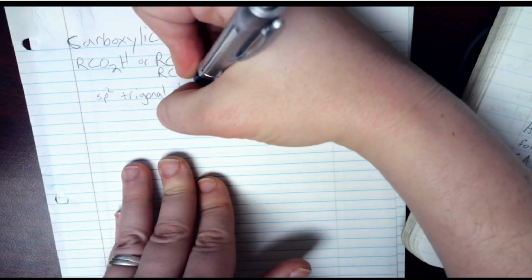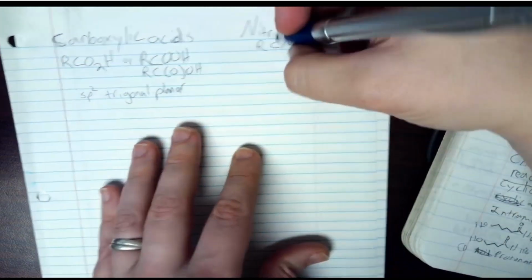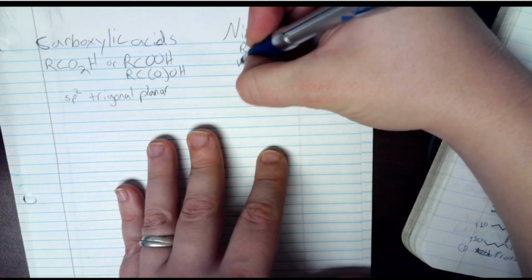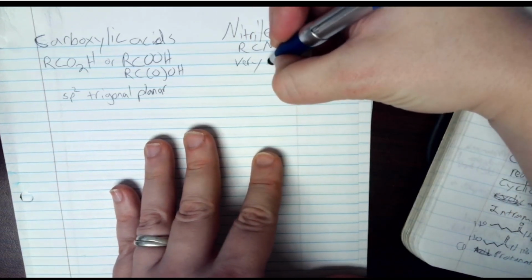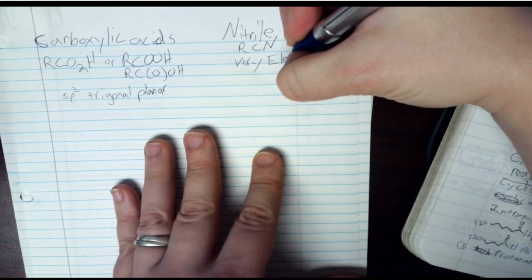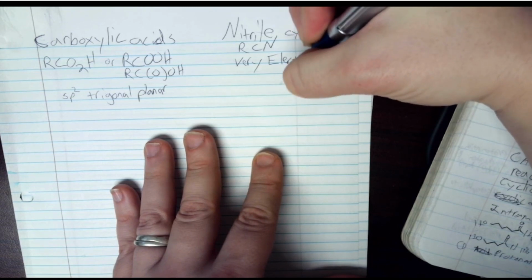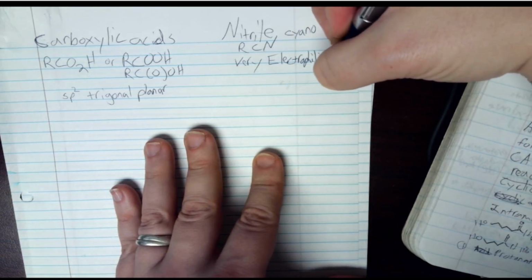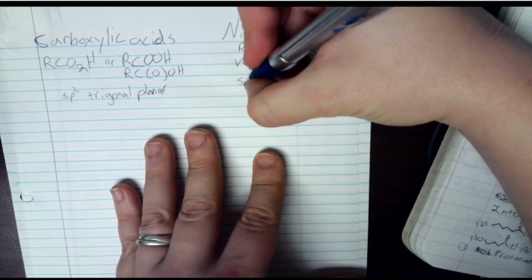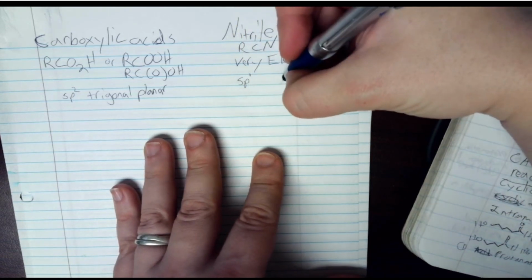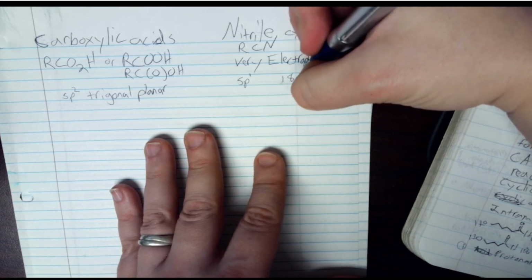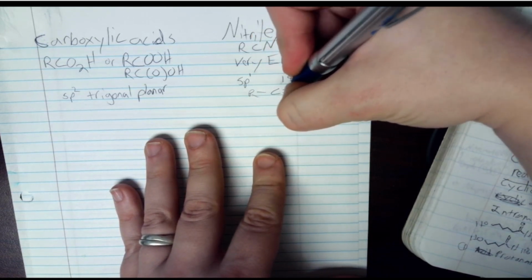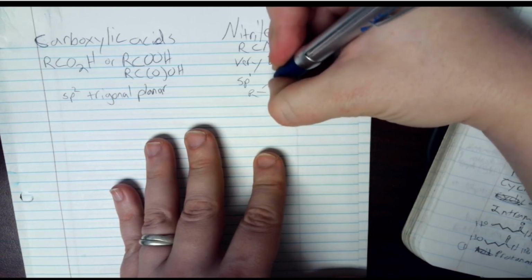The cyanides have very electrophilic carbons, and they're sp hybridized, so that means it's a 180-degree bond angle. So R, C, triple bond N, that's 180.